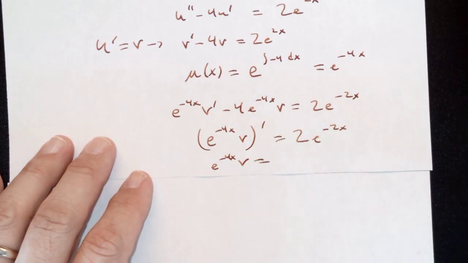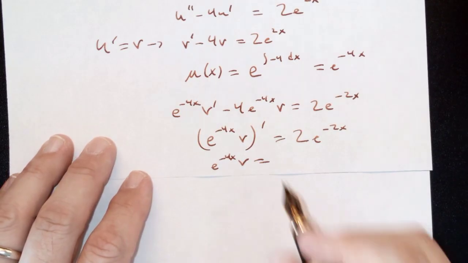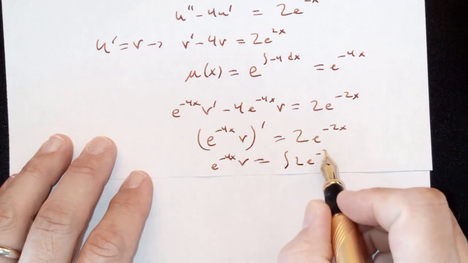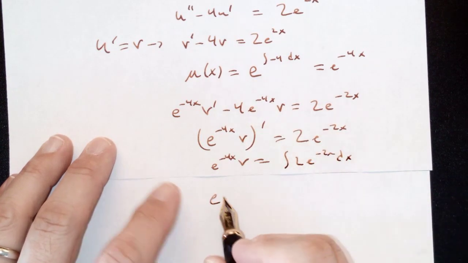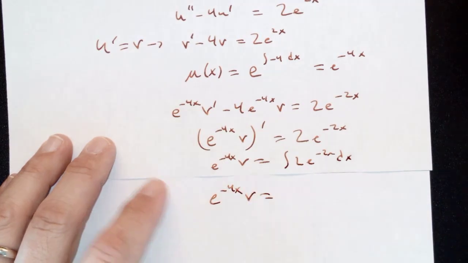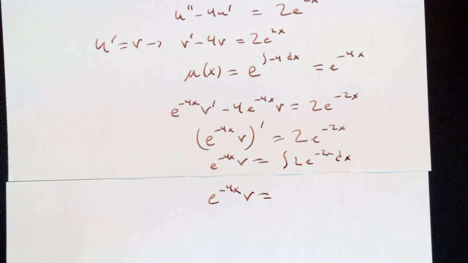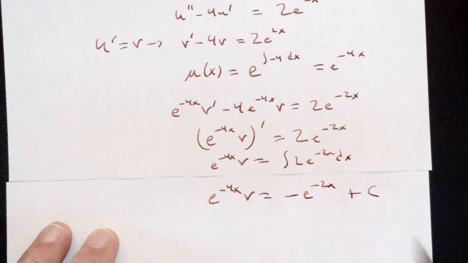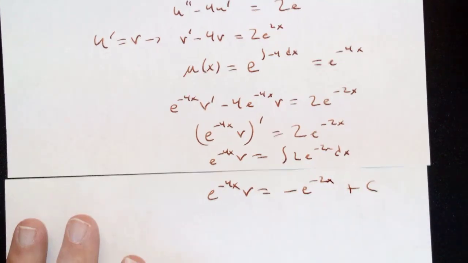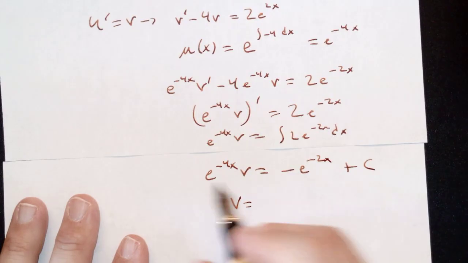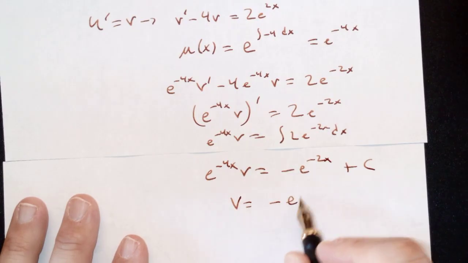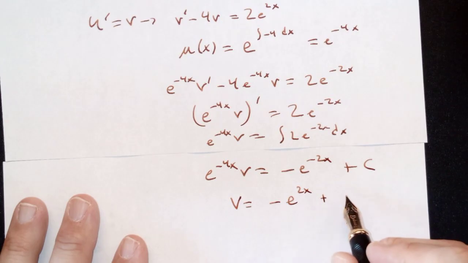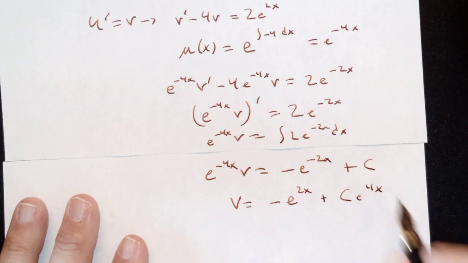Right, but what's that integral? Can't forget my plus c. So that means v, divide this out, that gives me minus e to the 2x plus c e to the 4x.